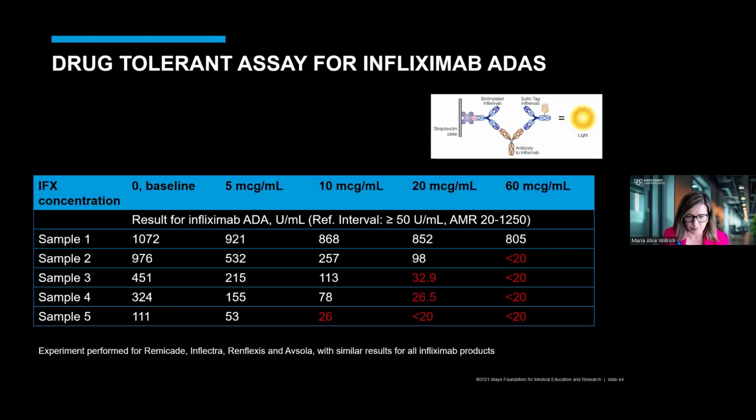The red information here is negative. So we always say it's a balance between how much anti-drug antibody is present and how much drug is present in circulation to determine that drug tolerance of the assays. And in our tests, we generally comment on that. In the panels that we have live, we generally comment on that.